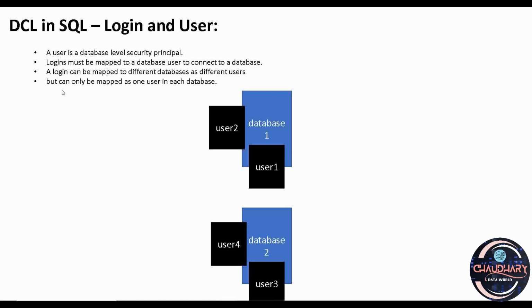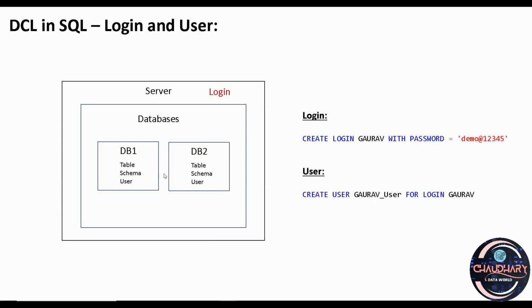So keep patience and hold on in this video so that you can clearly understand what user is and what login is. First point: a user is a database level security principal, which I already covered, correct?